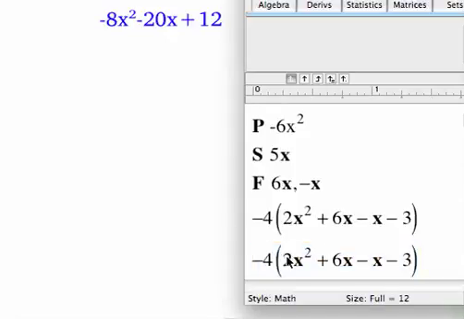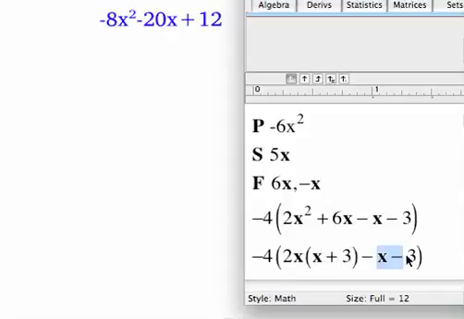What's common in 2x squared plus 6x is the 2x. Once I factor out the 2x, we're left with x, and dividing 6x by 2x, we're left with 3. So x plus 3. Over here, what's common is just a minus 1, and if I factor out the minus 1, we're left with x plus 3.